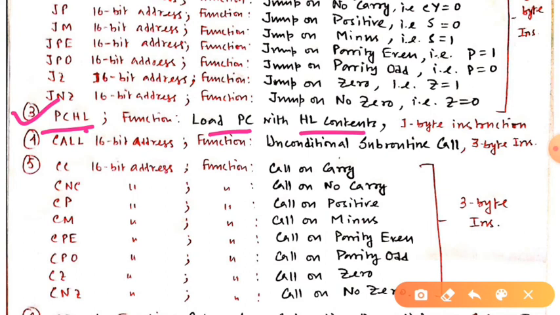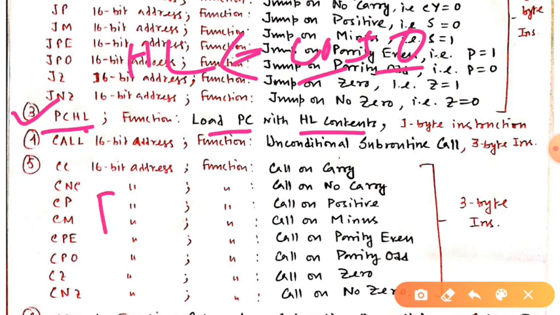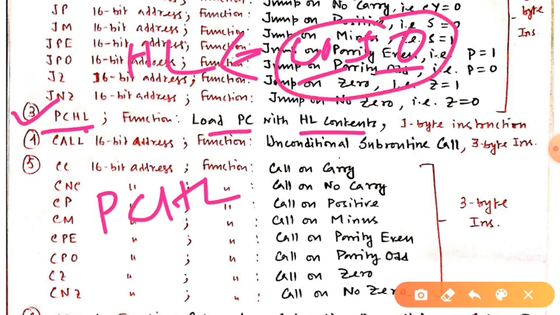So if previously the content of the HL register pair was C050, suppose C0 was loaded in the H register and 50 was loaded in the L register, then after the execution of PCHL the program sequence will be shifted to this memory location C050. Then the next instruction will be fetched from the memory location C050, next C051, and in this way.